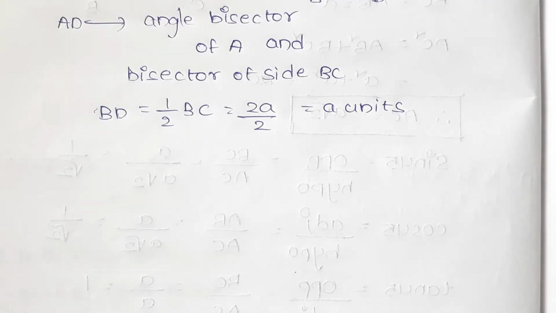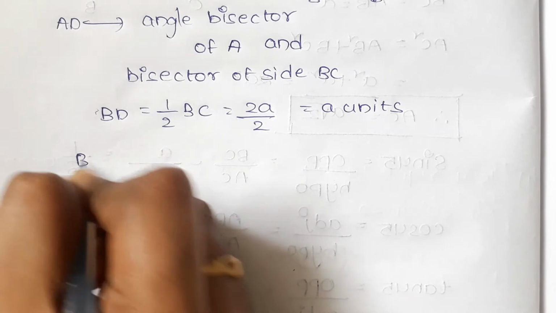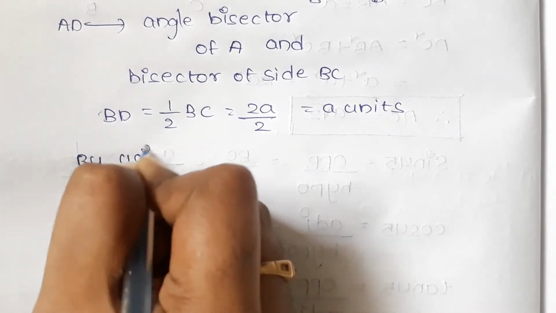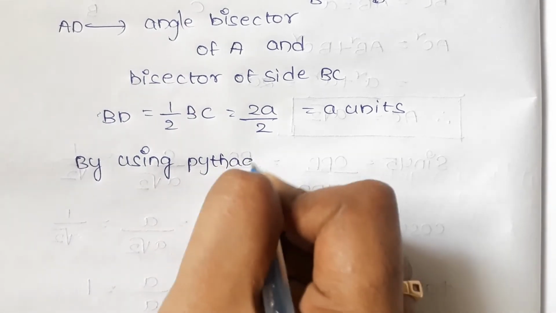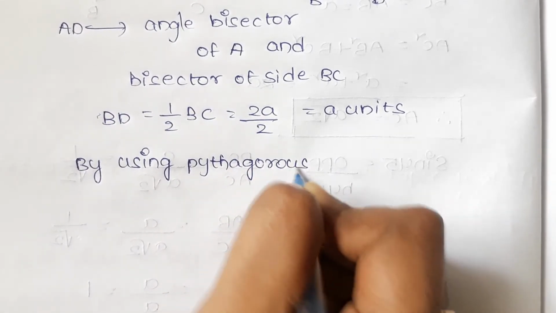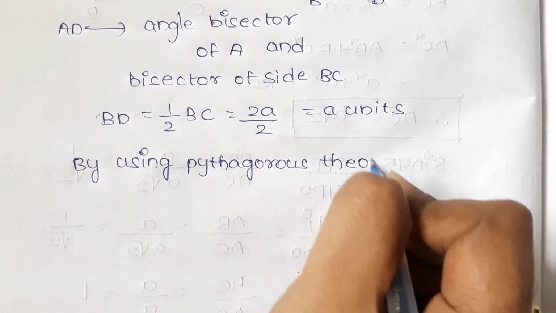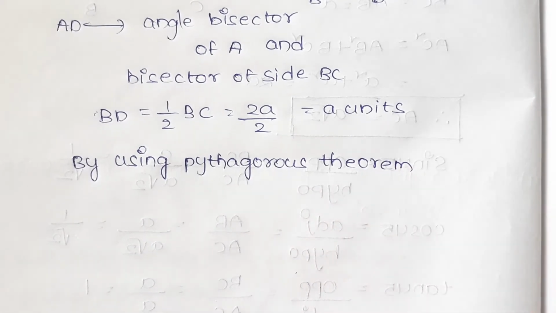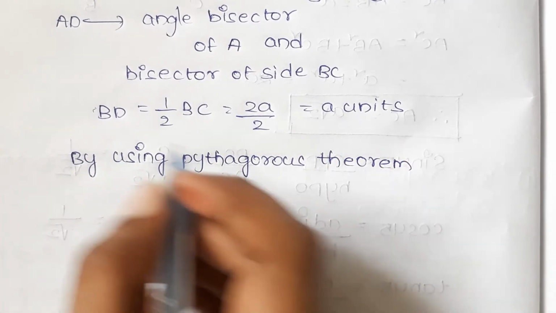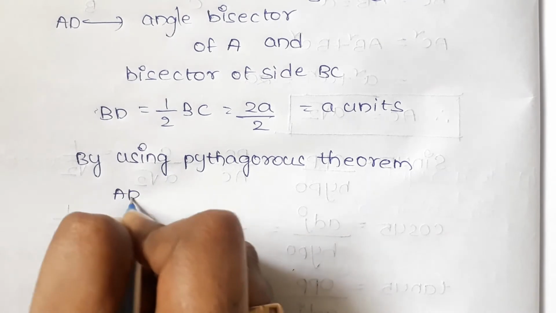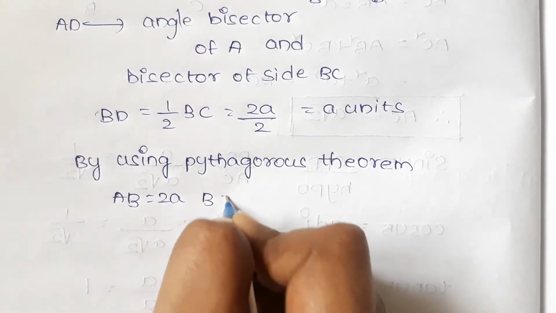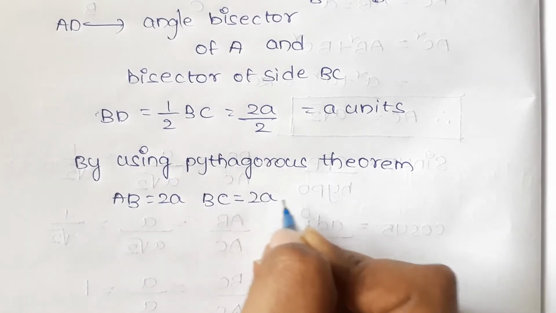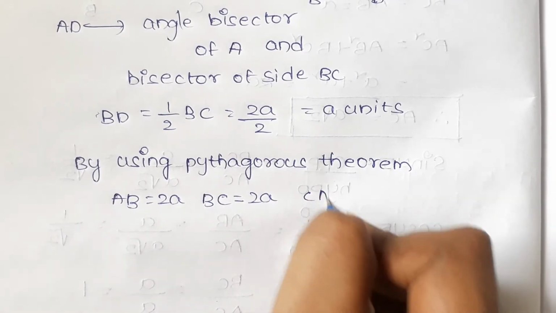And now by using Pythagoras theorem, here we have the lengths of the sides, that is AB equals 2A, BC equals 2A and CA equals 2A.